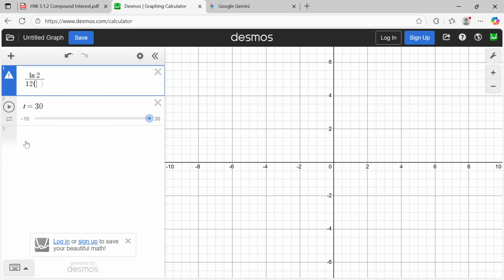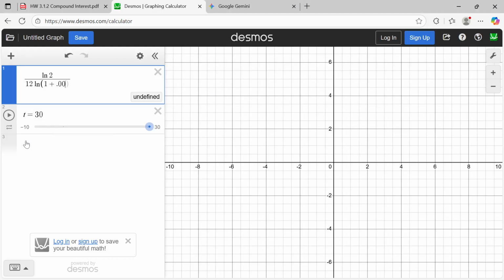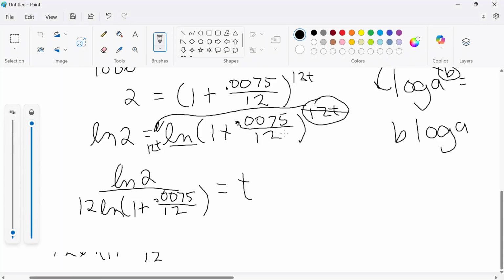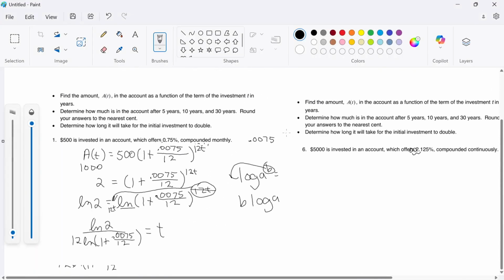So 12 times natural log of 1 plus 0.0075 over 12. And that equals 92.45 years. It doesn't say what to round it to, so I'm just going to round it to 2 decimal places.